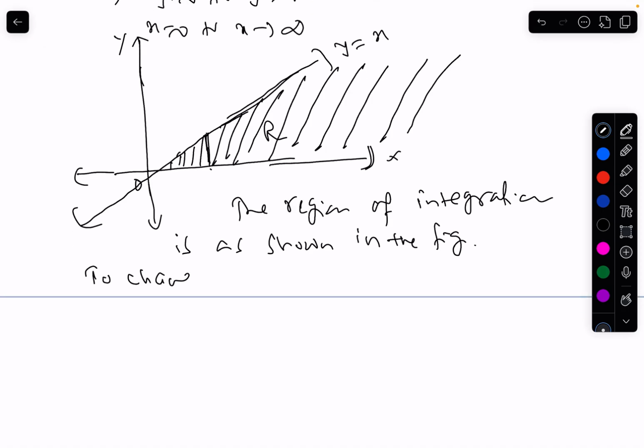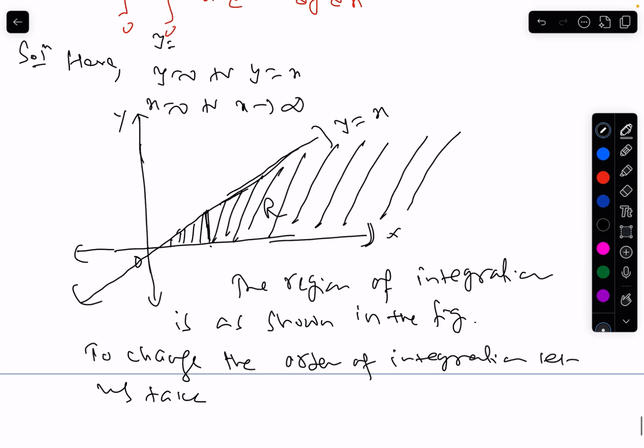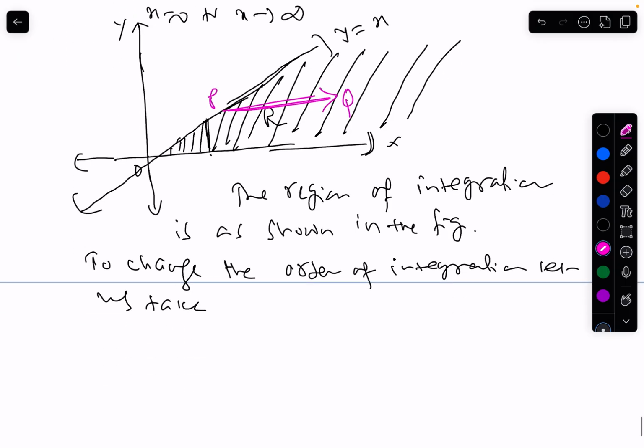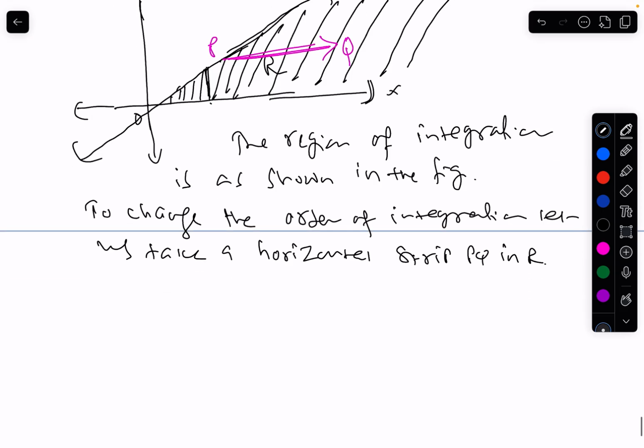To change the order of integration, let us take a horizontal strip PQ inside the region, and then we find the limits.